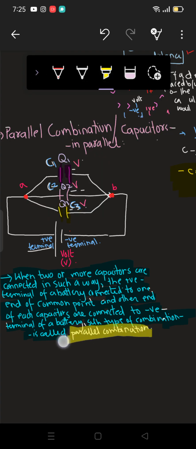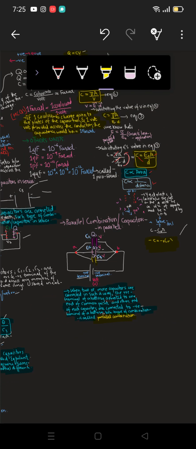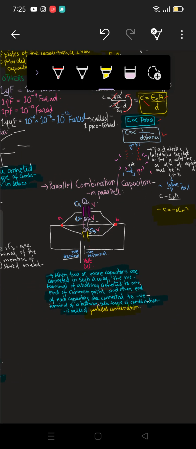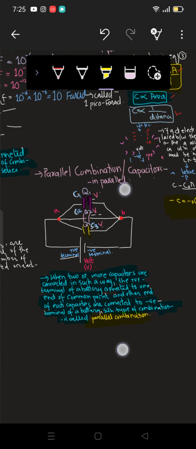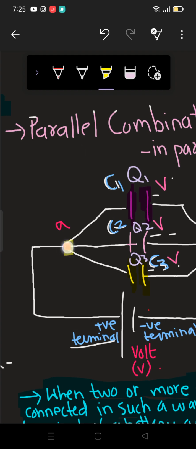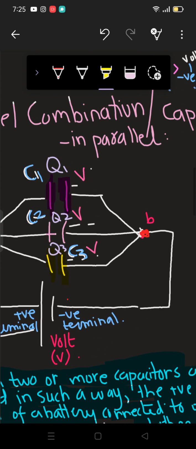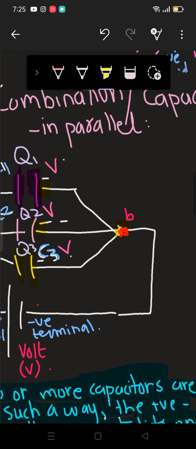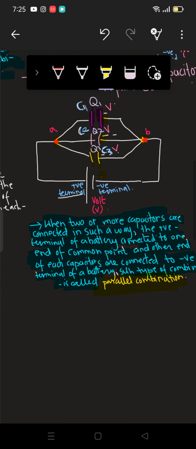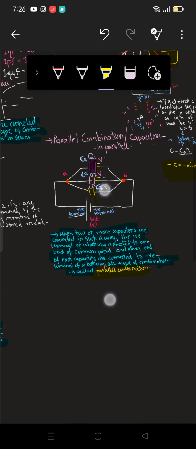Such a combination is what we call the parallel combination, or capacitors in parallel. Again, what did I say? When two or more capacitors, which means three capacitors, are connected in such a way that the positive terminal of the battery is connected to one end of a common point, and the other end of each capacitor is connected to one common point, which is connected with the negative terminal of the battery, such a combination is what we call the parallel combination or capacitors in parallel.